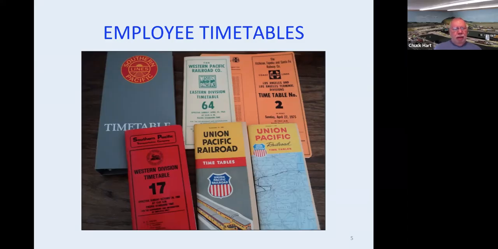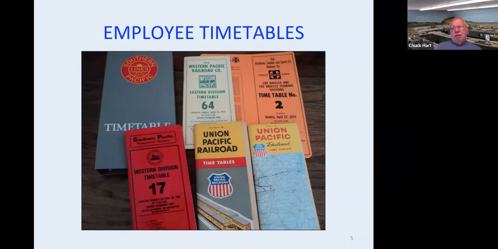So I got the Western Pacific one, Eastern Division. The WP was divided into 2 divisions, East and West. I'm in the Eastern Division, and I'm in the 4th subdivision. So that's the employee timetable that I use. But try to find one that's specific for your railroad.